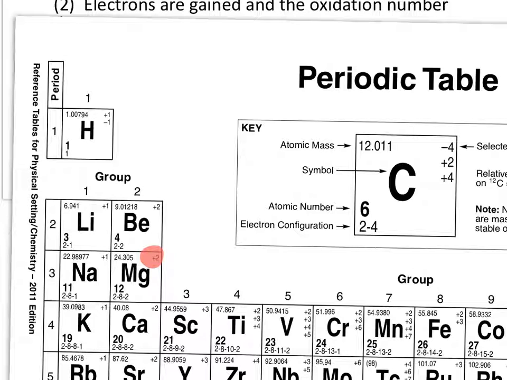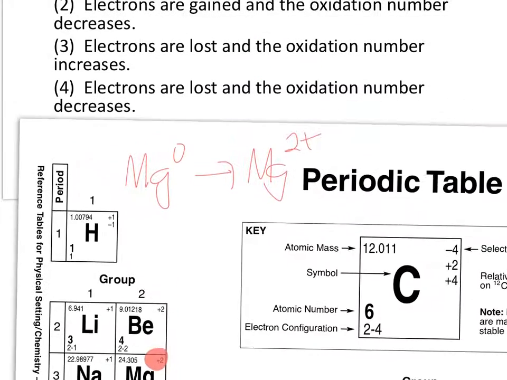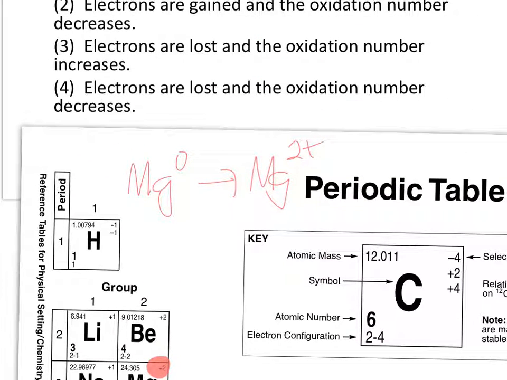That means that as electrons are lost, the magnesium goes from Mg 0 to become Mg positive 2. So in this case, the only possible answer is electrons are lost and the oxidation number increases. So your answer is 3.